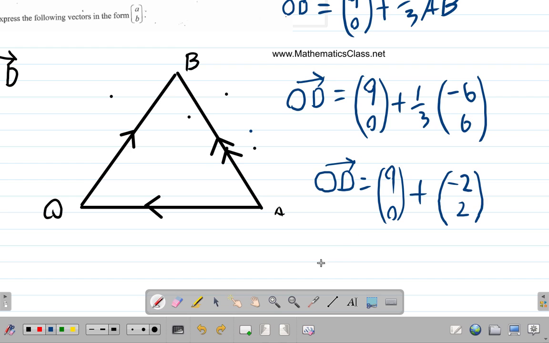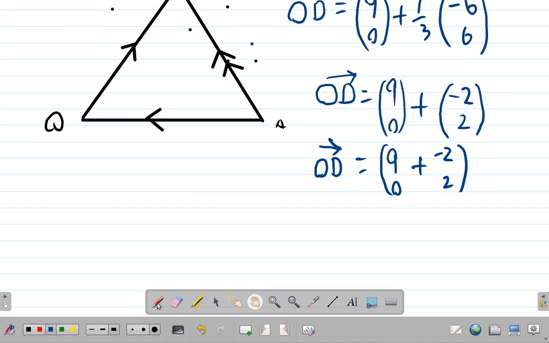So, OD is equal to (9, 0) plus (-2, 2). So here, OD is equal to 9 plus -2, which is 9 minus 2, which is 7. 0 plus 2 is 2.